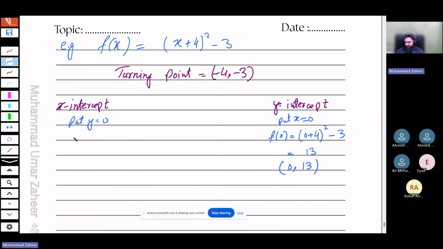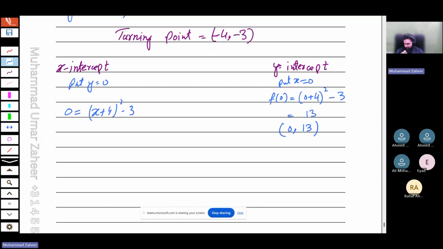So I'm going to get 0 is equal to x plus 4 whole squared minus 3. Moving the minus 3 to the other side will be plus 3.